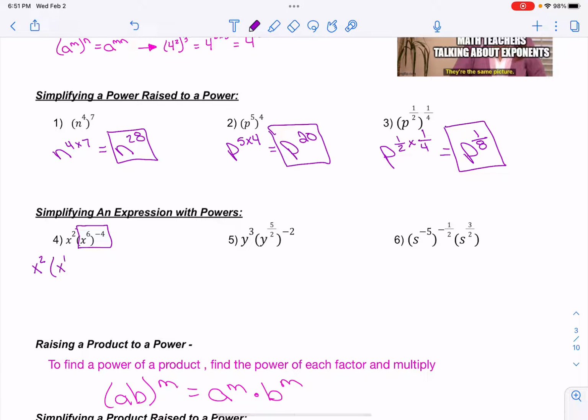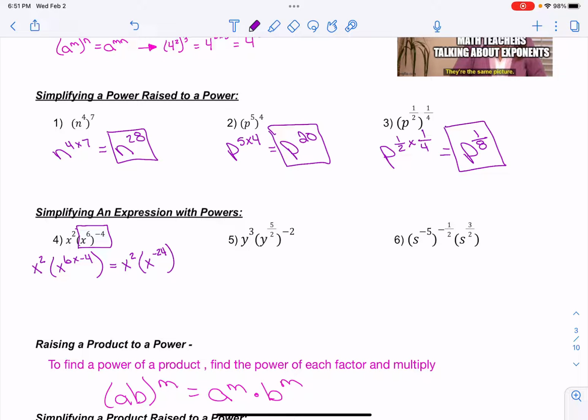And then we have x to the 6th times -4. So that's going to be our first step. We have to simplify that power raised to a power first. So we still have this x squared out front, and now x to the 6th times -4 gives us x to the -24.